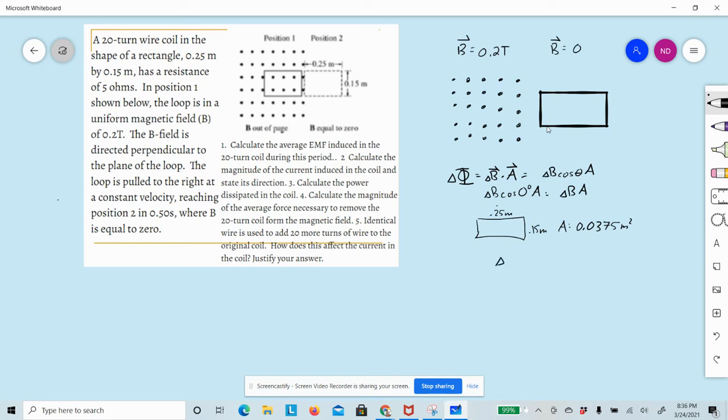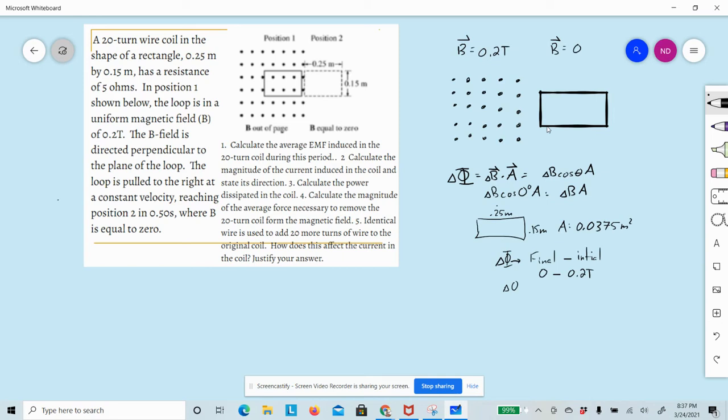Delta B is going to change from 0.2 to 0. Anytime you see delta, remember, you have to go final minus initial. So this is really going to be 0 minus 0.2 Teslas.